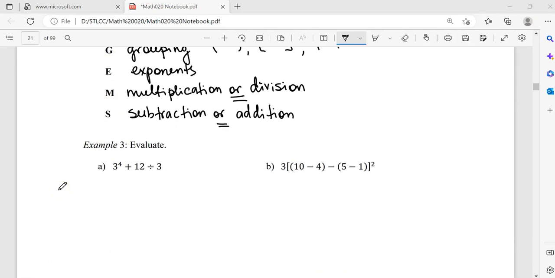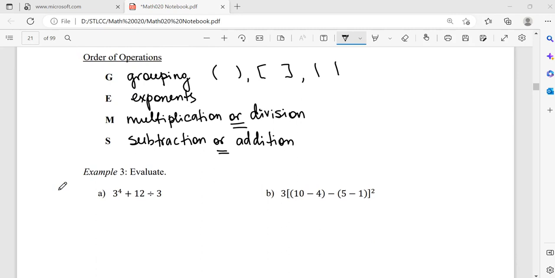So let's go ahead and see how the order of operations works in a particular problem. We have a couple of problems to evaluate. The first thing we're going to do is look at the first problem and go down through your list: grouping, exponents, multiplication or division, subtraction or addition.